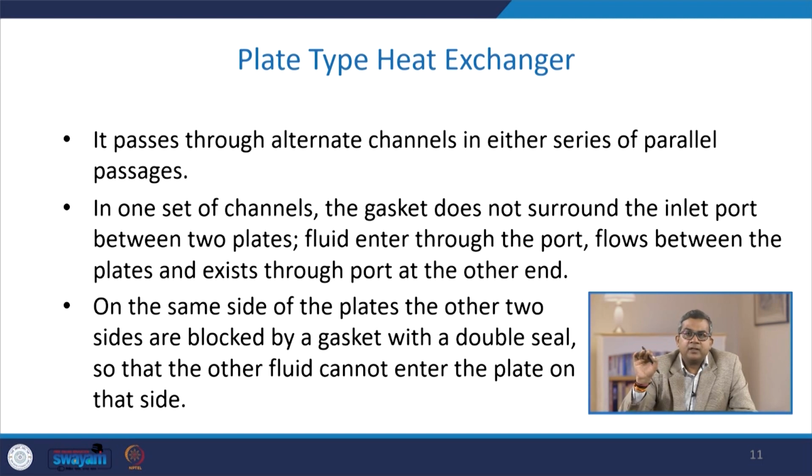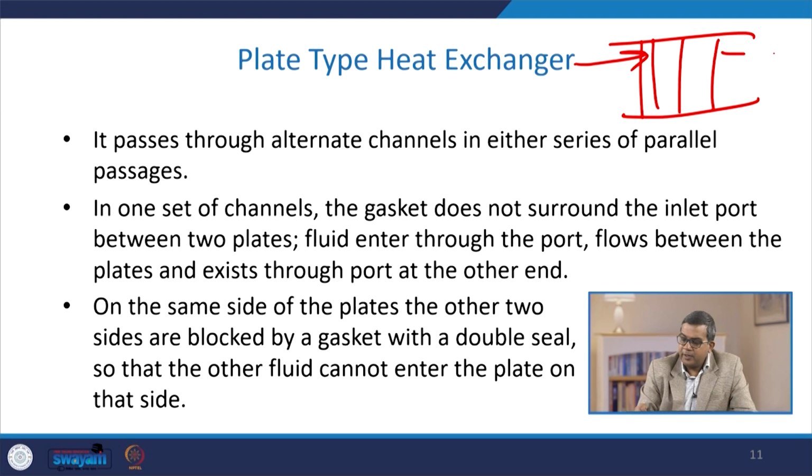In one of the channels, the gasket does not surround the internal inlet port between two plates. Now the fluid enters through the port, flows between the plates and exits through the port at the other end. So you may see that this is the flow and it may go out. On the same side of the plate, the other two sides are blocked by the gasket with a double seal, so that the other fluid cannot enter the plate on that side.